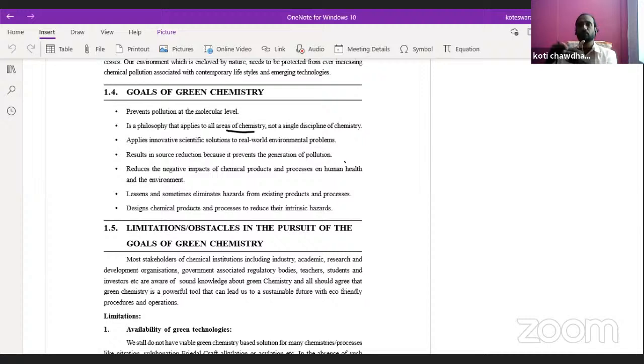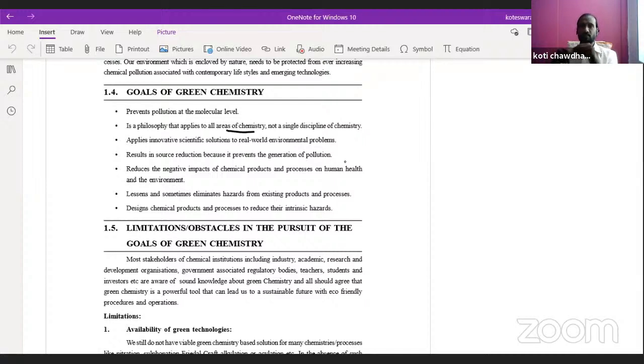We need to convert those procedures into green procedures, so that we decrease or eliminate the hazards from the existing production processes.